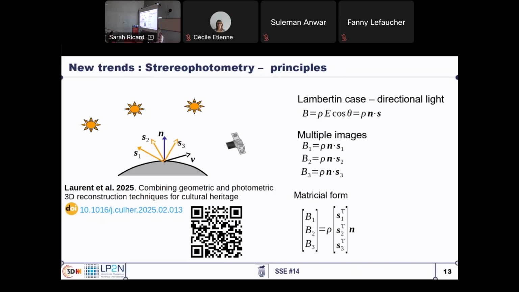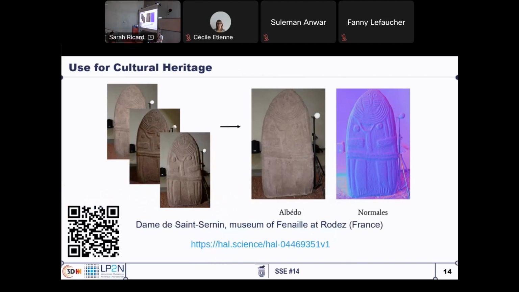So we see a paper from this year in the Journal of Cultural Heritage. And this has been used to recover some normal maps from different artifacts, and also in caves, because we don't need a lot of tools to carry in caves to recover some maps.